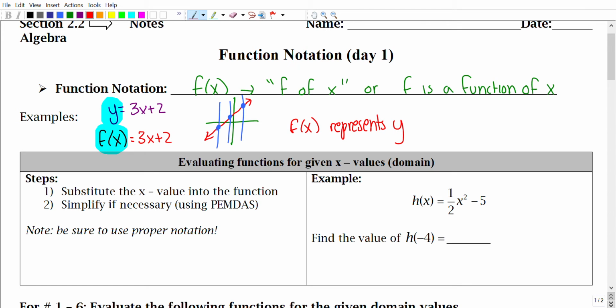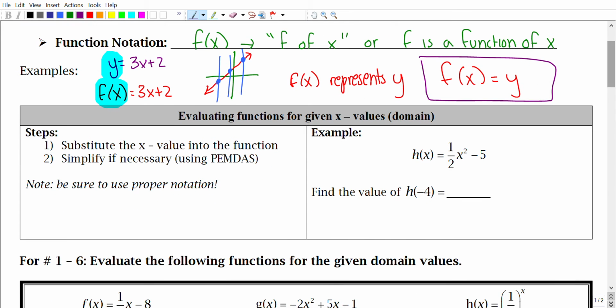So again, if the equation satisfies the criteria of being a function, then we can say that f of x represents y. Also, that f of x equals y. And I want you guys to remember that because we're going to need that later on in these notes.